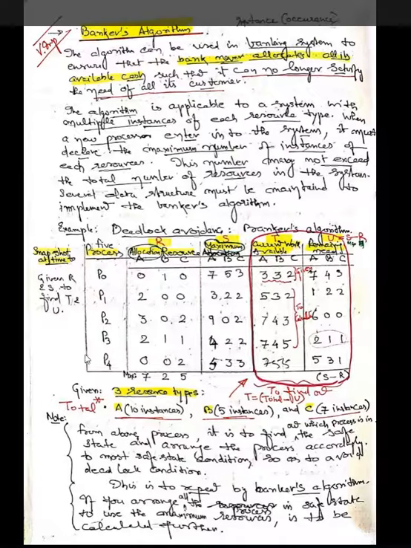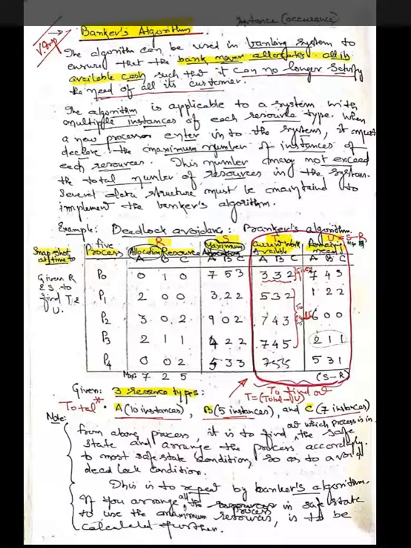A particular process is shown here along with its individual allocations for A, B, and C. If a process P0 has been allocated resources, the maximum allocation possible for A, B, and C is defined in these columns. The remaining need is determined as maximum minus allocation.